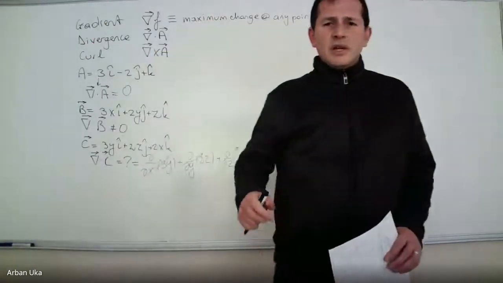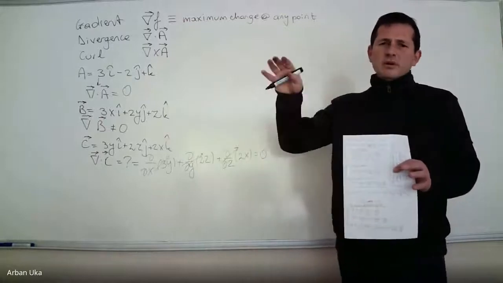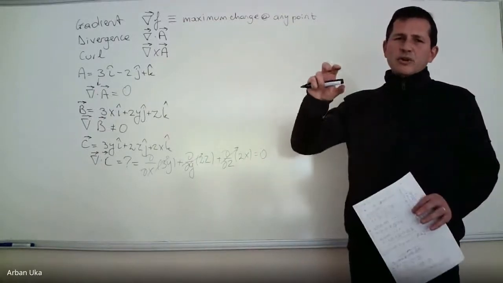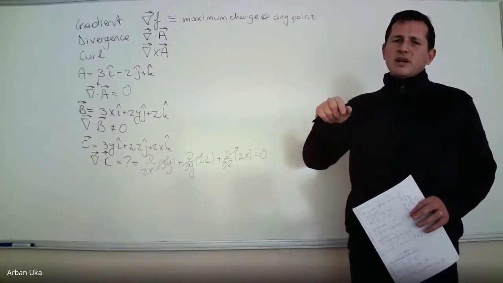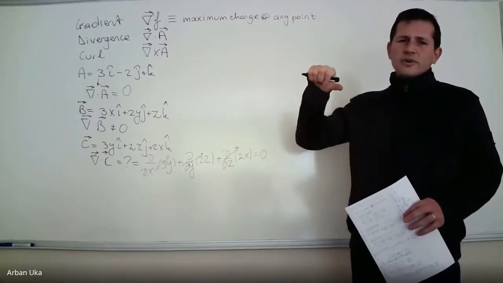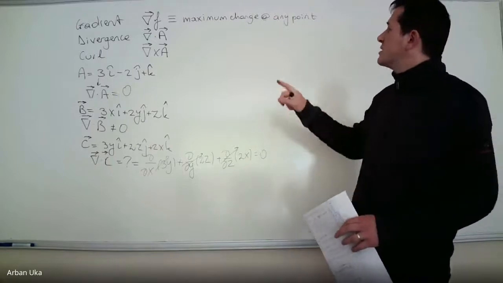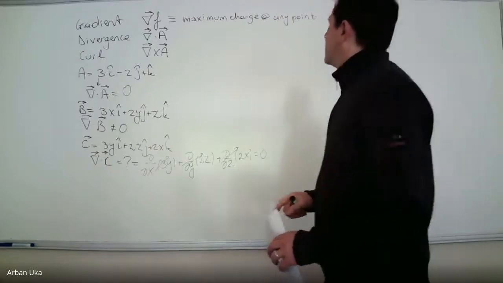This is equivalent to being on a mountain with a ball and you drop it. If you drop it, you see that the ball is going to follow the path where the slope is the highest. So this is the maximum change at any point.